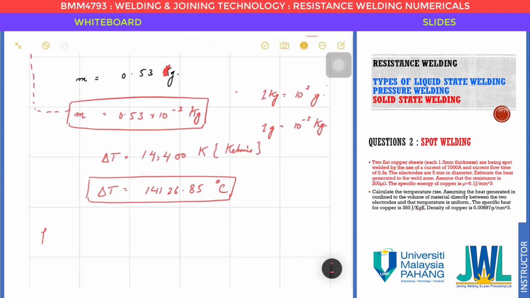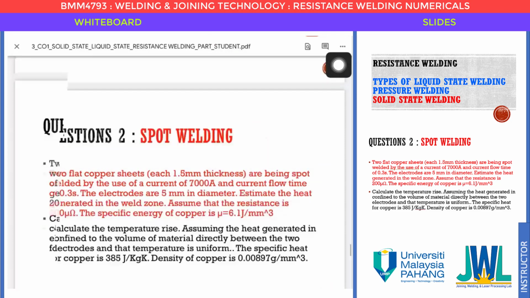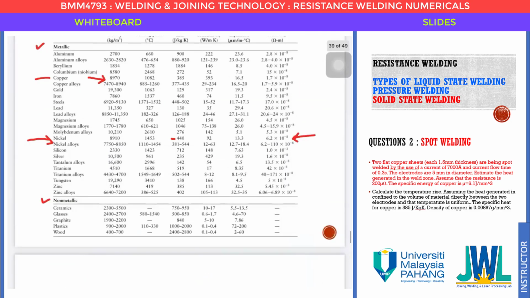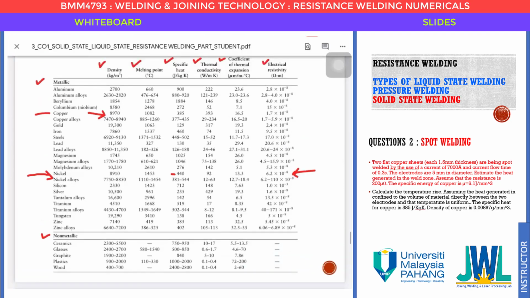From the table, the melting temperature for copper is 1082 degrees centigrade.